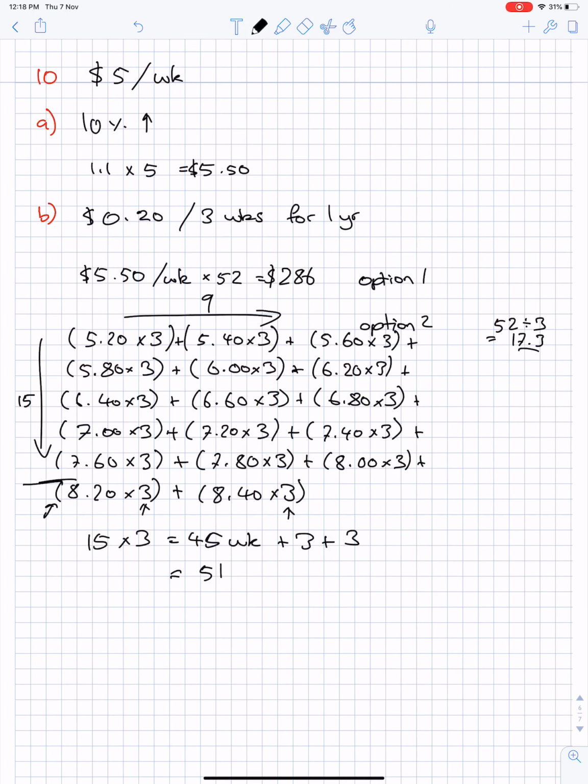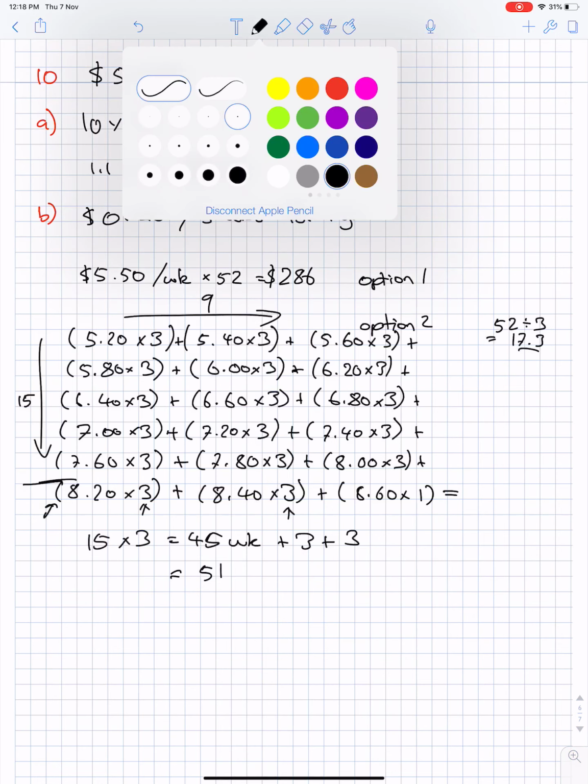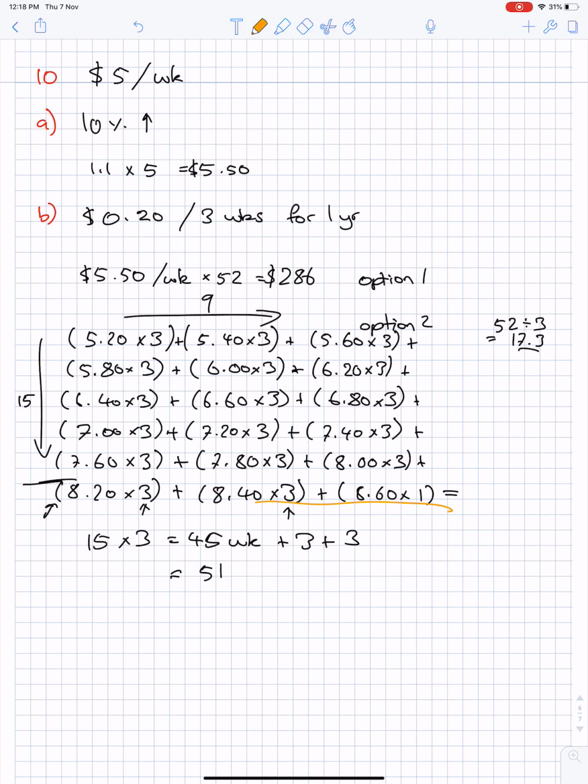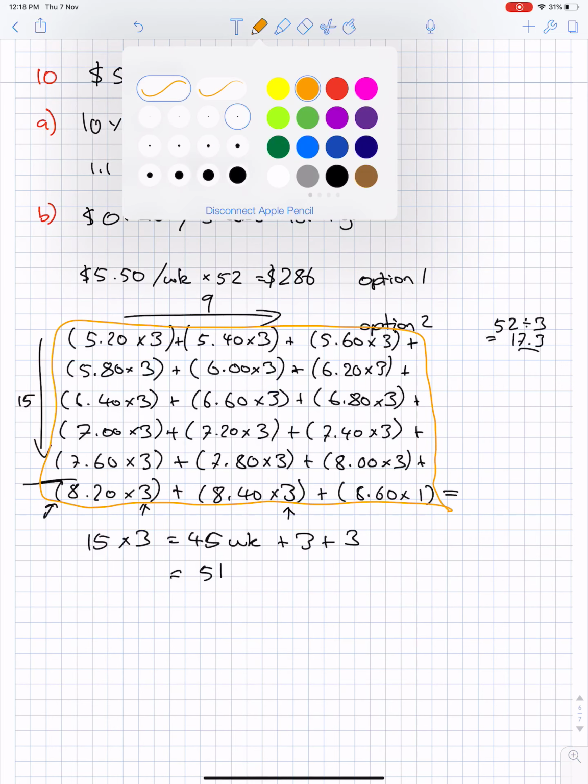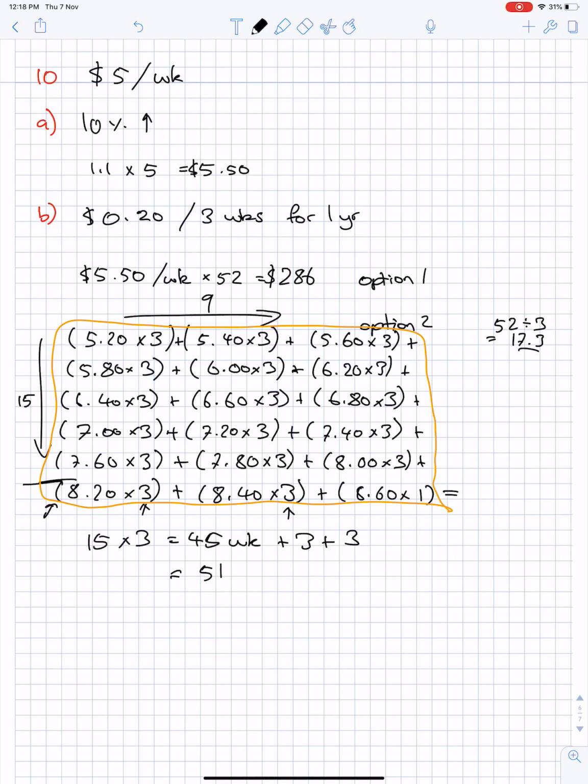So the last week he gets $8.60 times 1. Okay, so now we enter this into a calculator, this part here, all of these, and we figure out how much money he's making exactly. Don't forget the brackets when you're entering it into the calculator.